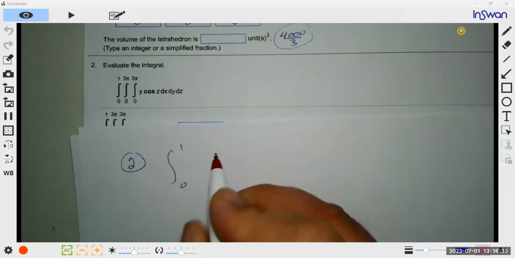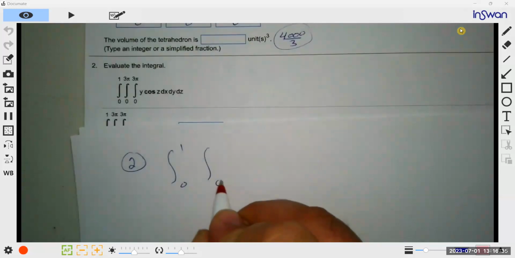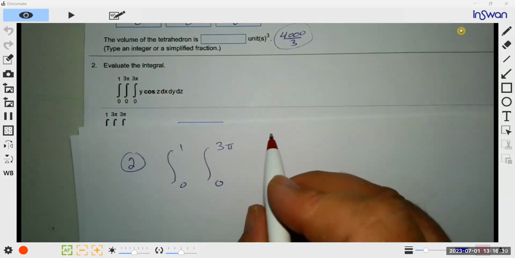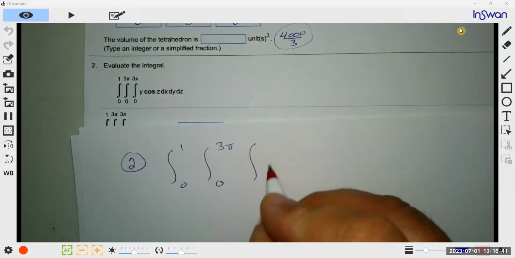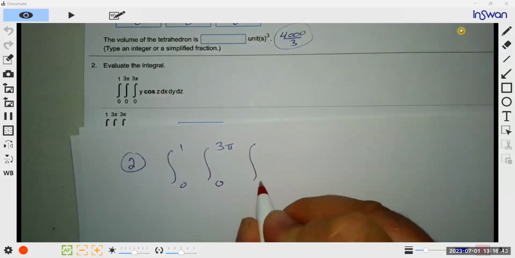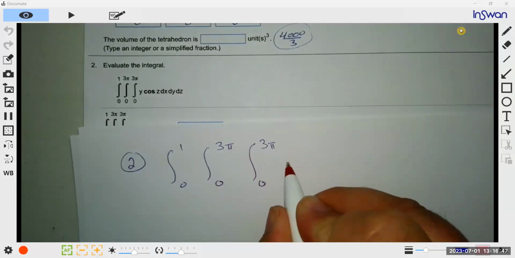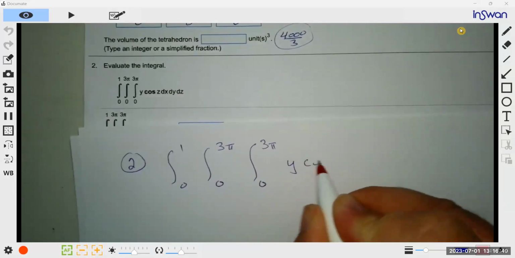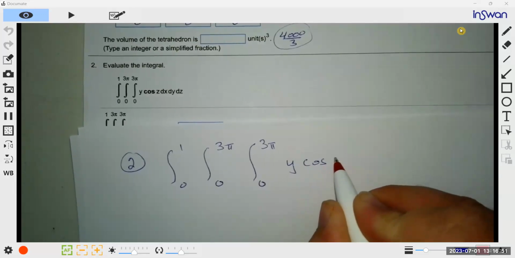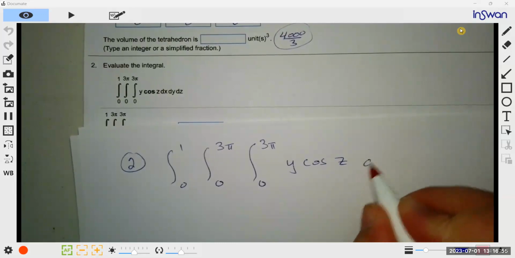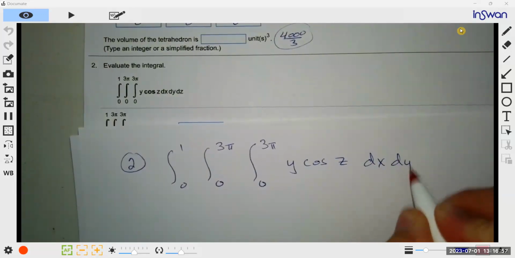The integral from 0 to 1, from 0 to 3 pi, from 0 to 3 pi, of y cosine z dx, dy, dz.